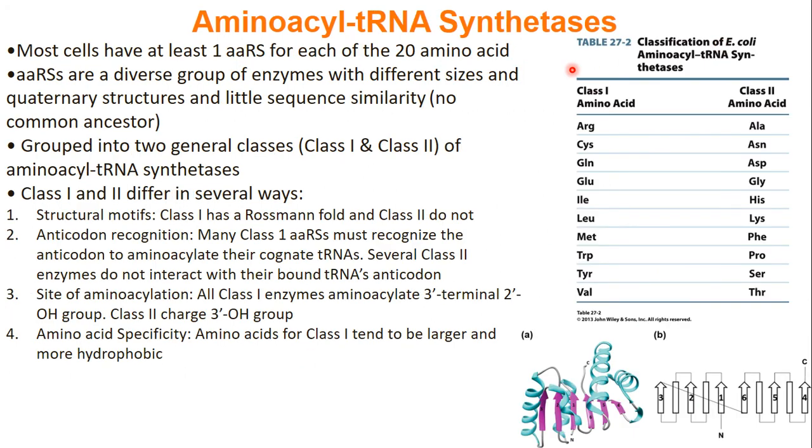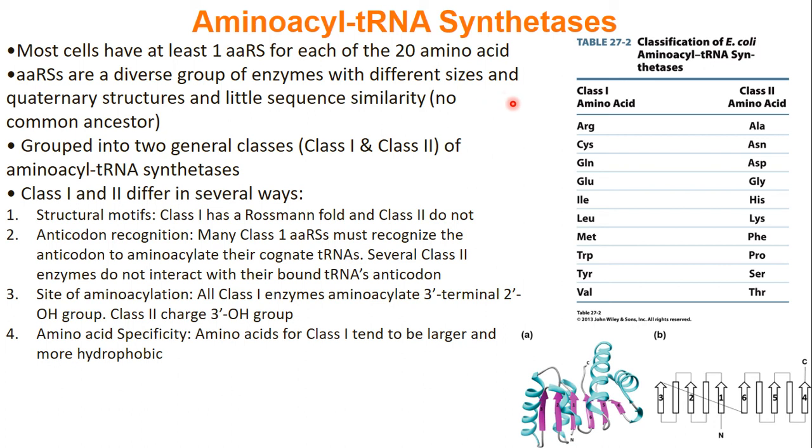Now let's look at these aminoacyl tRNA synthetases more in depth. Most cells have at least one AARS for each of the 20 amino acids, because we make proteins that have all 20 amino acids in them.